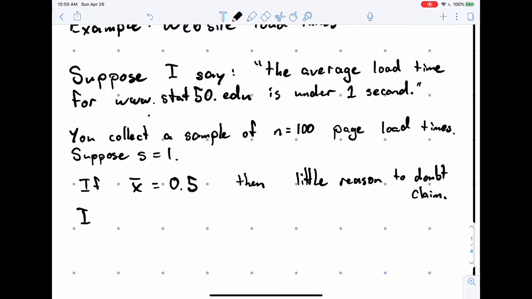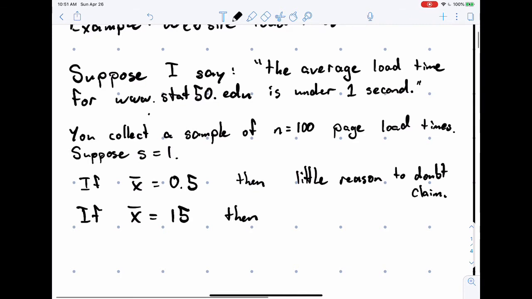However, if you saw x bar is equal to something large, like say x bar was 15 seconds, then my claim looks really unrealistic.